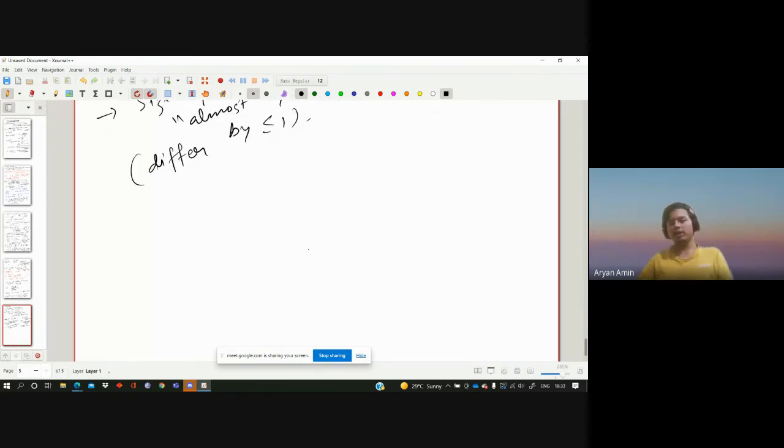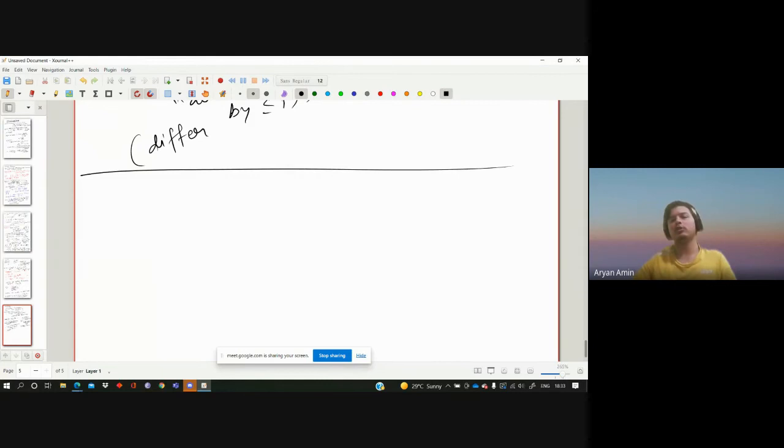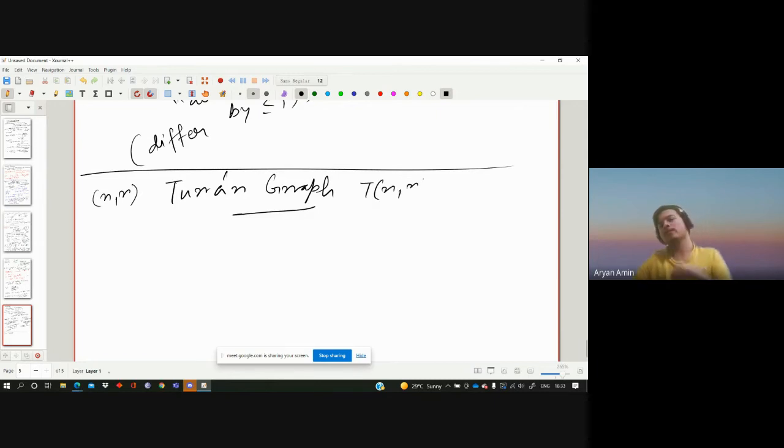You can formalize what I just wrote above, and it turns out that for every n, r you have a unique graph called the Turán graph, which is defined as follows.